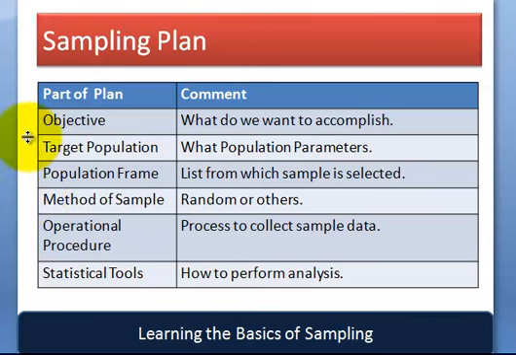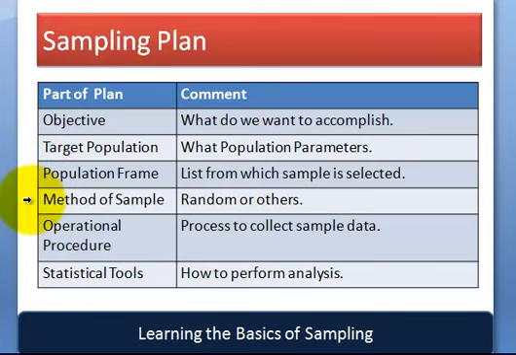So let's talk about a sampling plan first of all. When folks do this, they're going to start off with what's the objective? What are we trying to accomplish? What's our target population? What population parameters are we trying to predict? What population frame or list from which a sample is selected? What's our method of sampling?